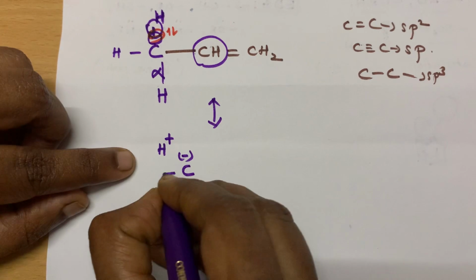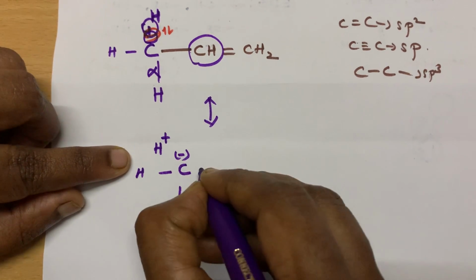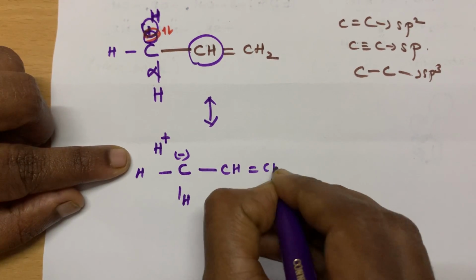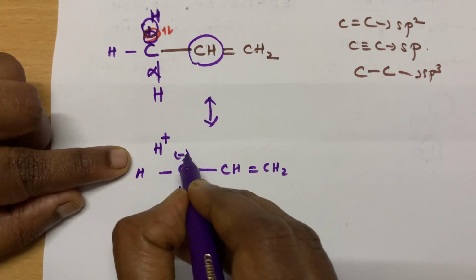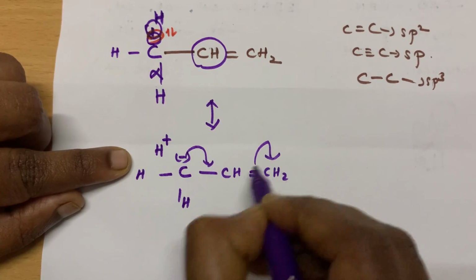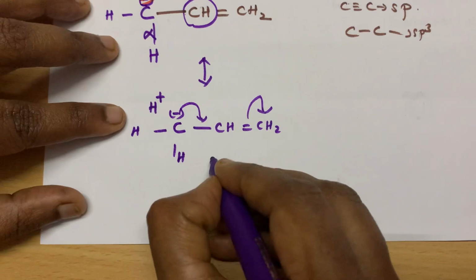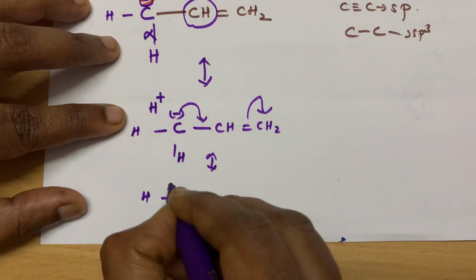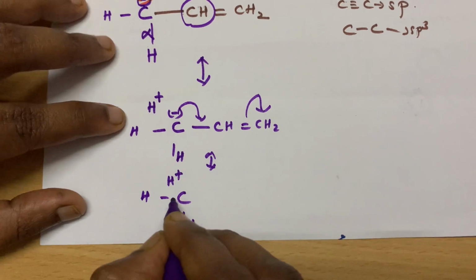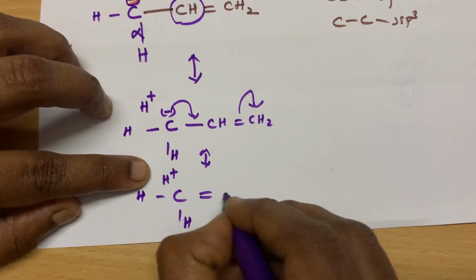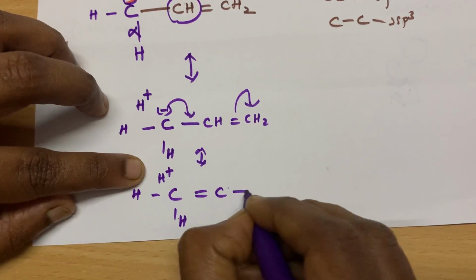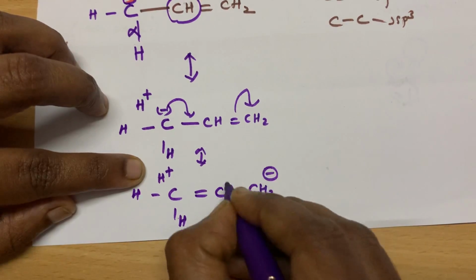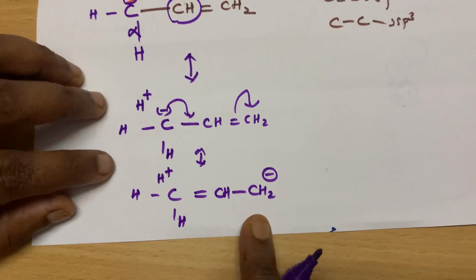The minus charge is what? 2 electrons. And these 2 electrons will undergo resonance. Meanwhile, the hydrogen will stay as a proton near the structure. So it is a resonance structure.